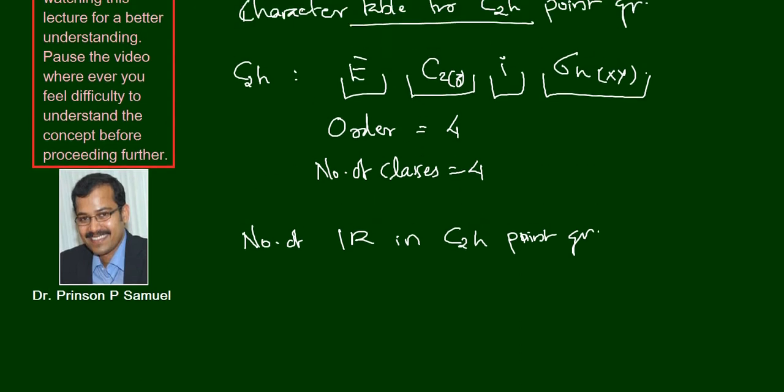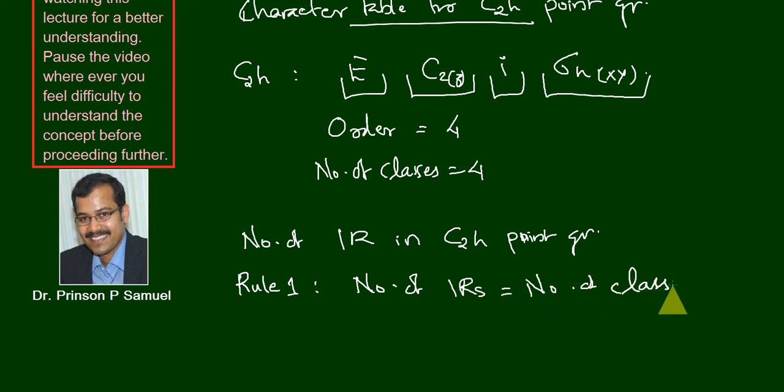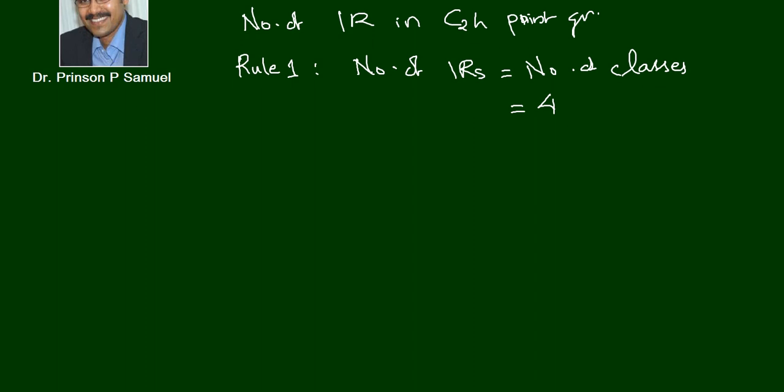From rule 1 derived from the great orthogonality theorem, we know that the number of irreducible representations is equal to the number of classes in that point group. Since we have 4 classes, the number of irreducible representations is equal to 4. That is what we understand from rule 1.